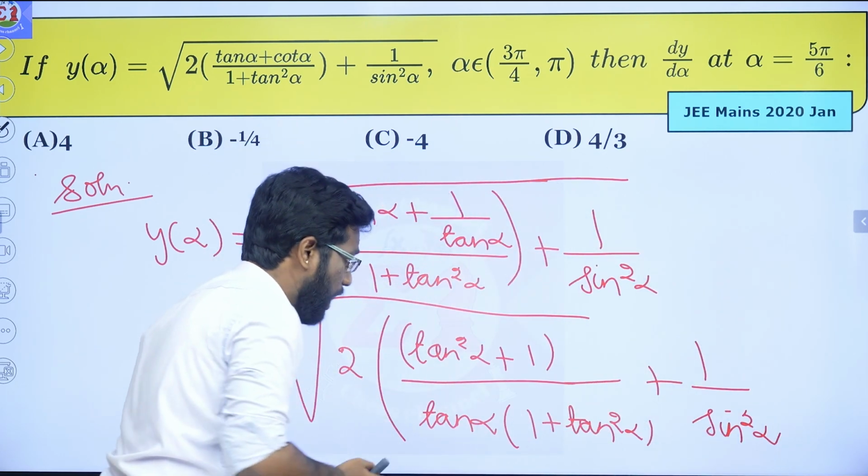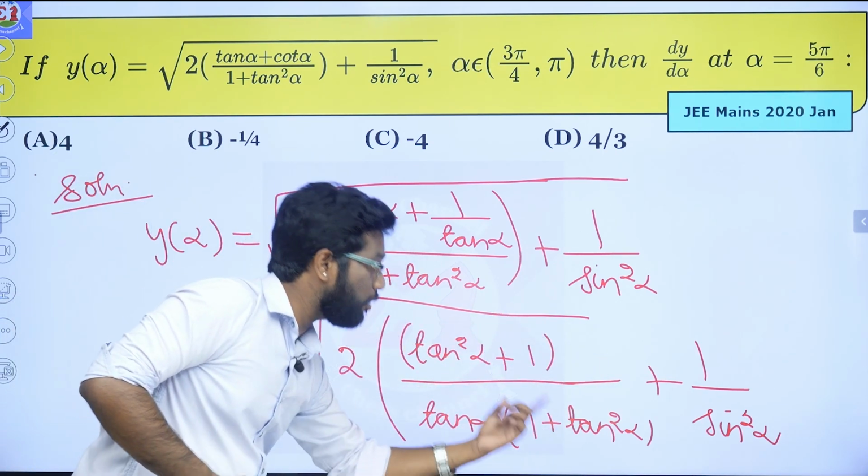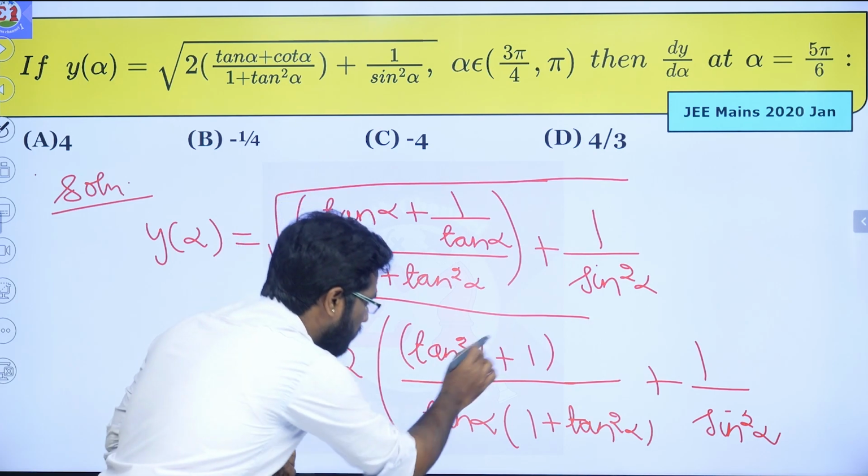Now if you see, here it is tan square alpha plus 1 divided by 1 plus tan square alpha. So they both are the same.